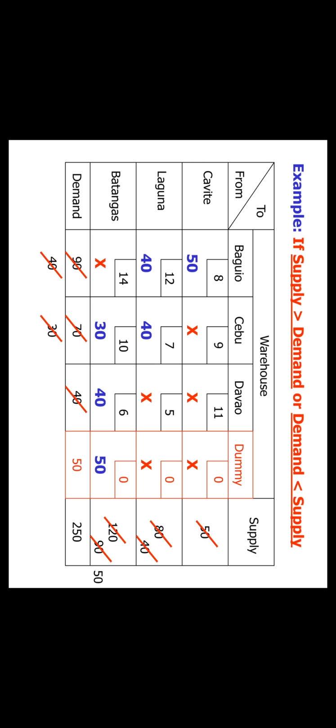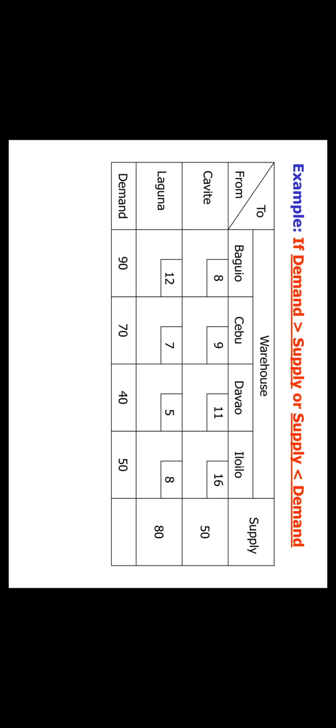Now, if demand is greater than supply, or supply is less than the demand, in this case, looking at the tableau, your total demand is now equal to 250, while your total supply is only equal to 130. Therefore, you have an excess demand of 120.